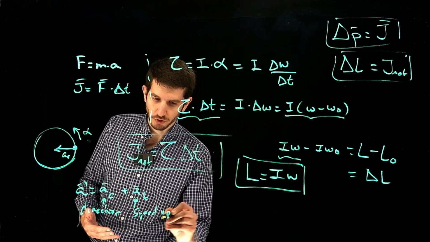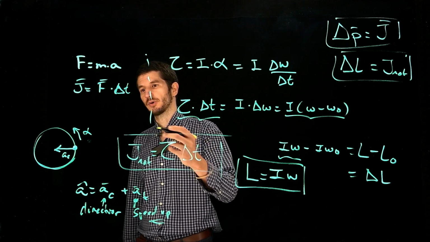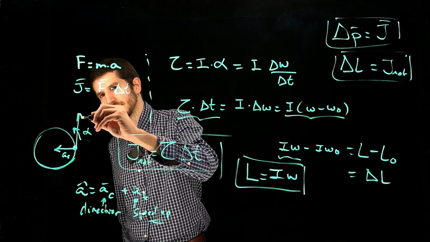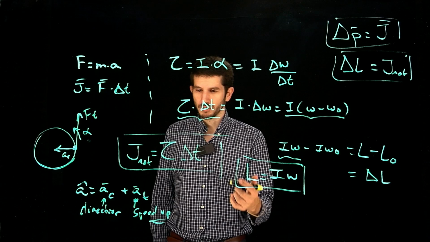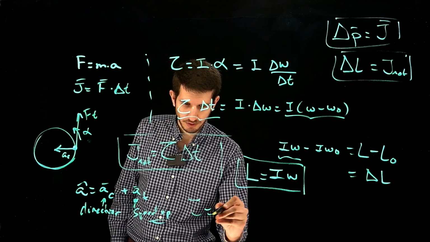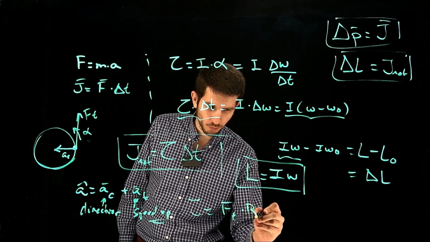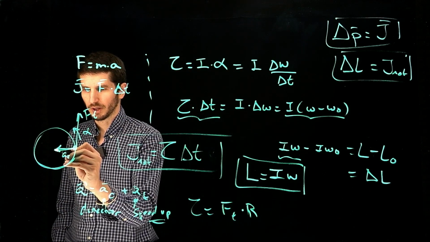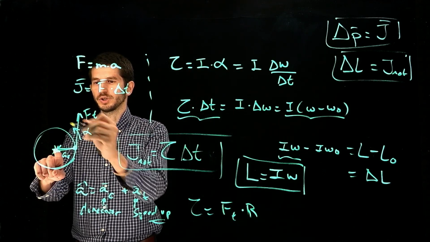So when it speeds up, the motion is due to a tangential acceleration, meaning applying a force in this direction, a tangential force. Therefore, the torque is the tangential force times r, where r is the distance from the point where you apply the force to the axis on which the object is rotating.